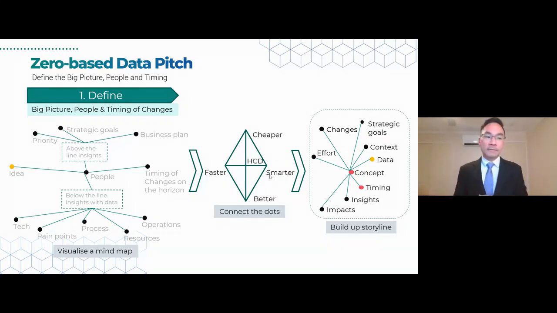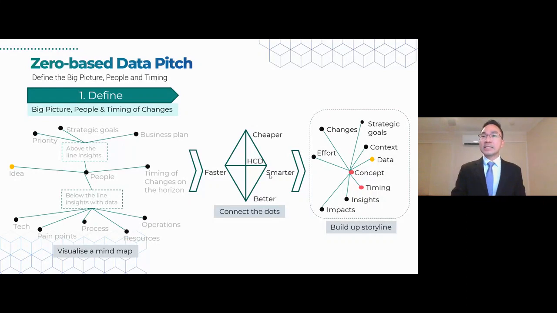So that's smarter. And cheaper in terms of data, it could be cheaper for data storage, cheaper for backup, or cheaper for the cost of operation on cloud. With human centered design, it would be more around customer experience or user experience, or the reduction of rework, accuracy of the outcome.